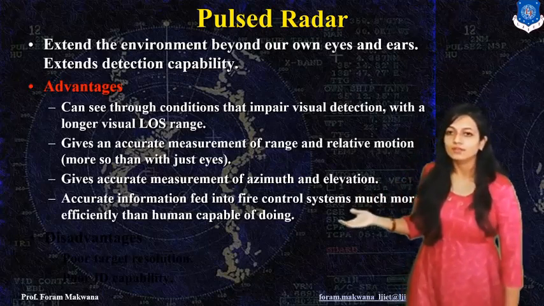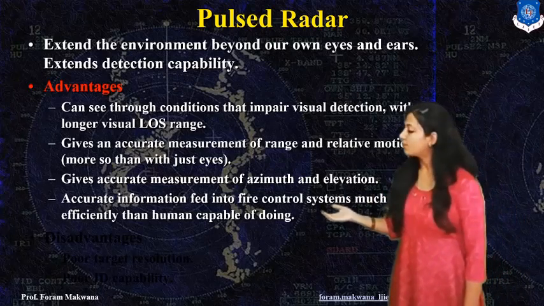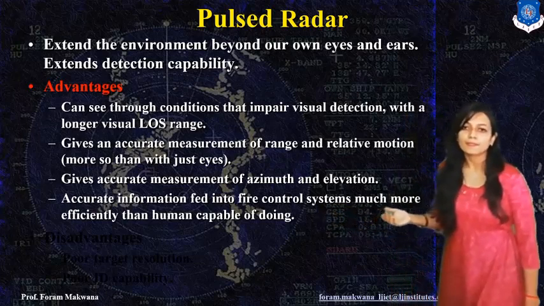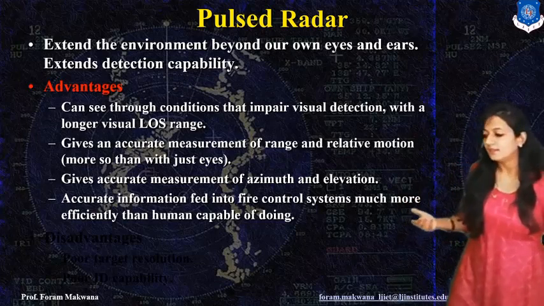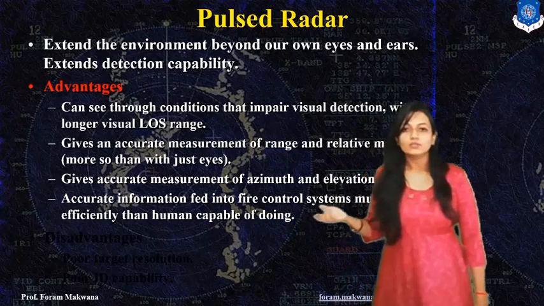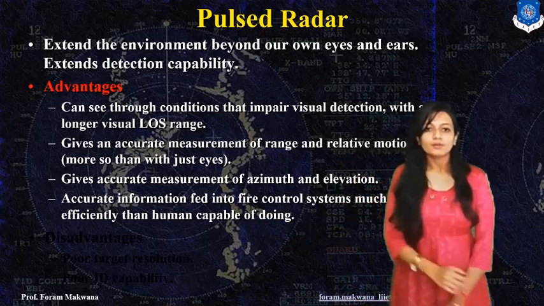And the fourth one, it gives accurate information which is fed into the fire control system more efficiently than a human being. Right? So these are the advantages of pulse radar.